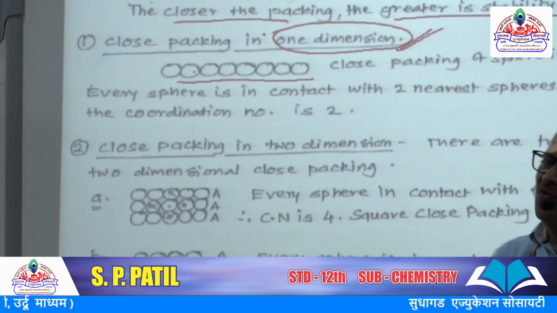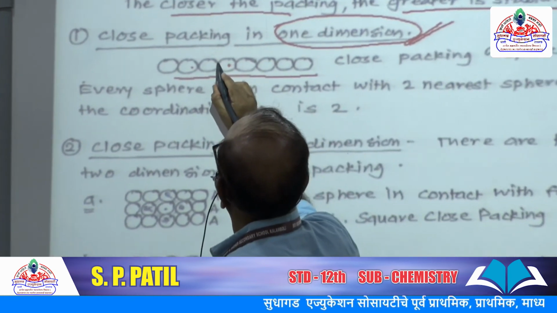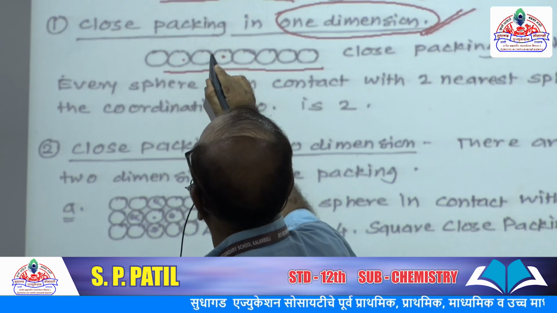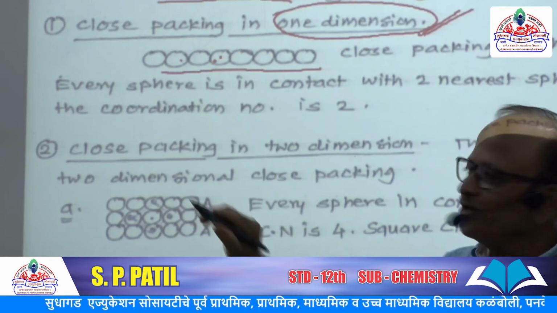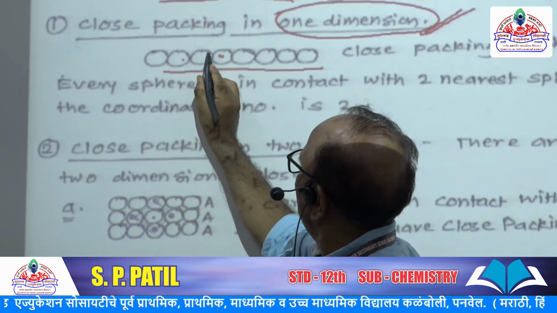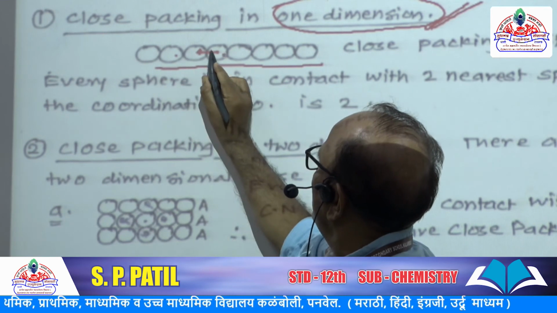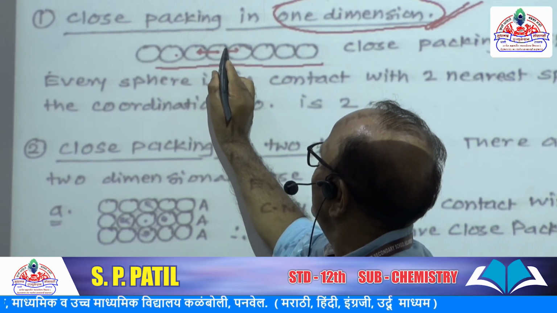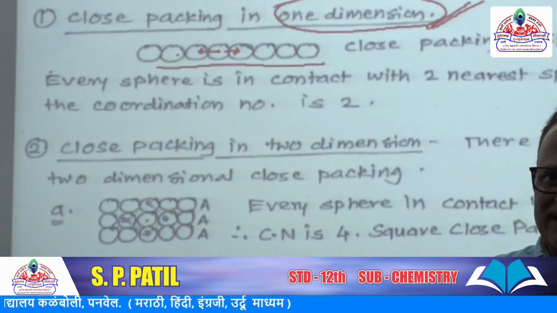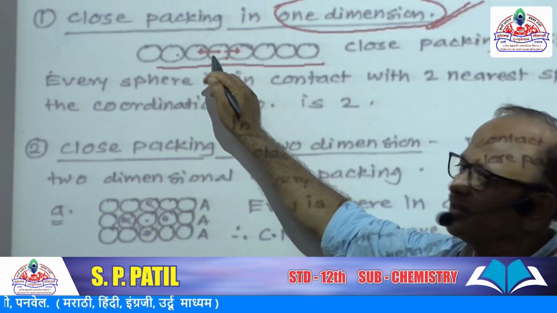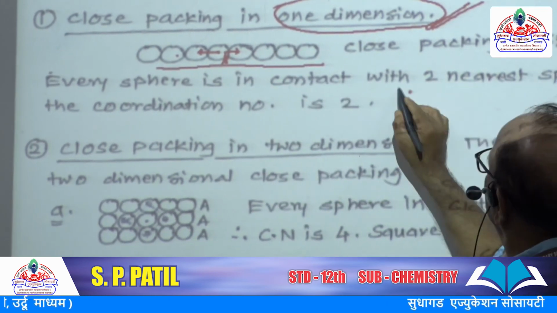If we consider this particular sphere, its neighbors are two, this is first and this is second. So two atoms are very close to this particular sphere. So its coordination number is 2.